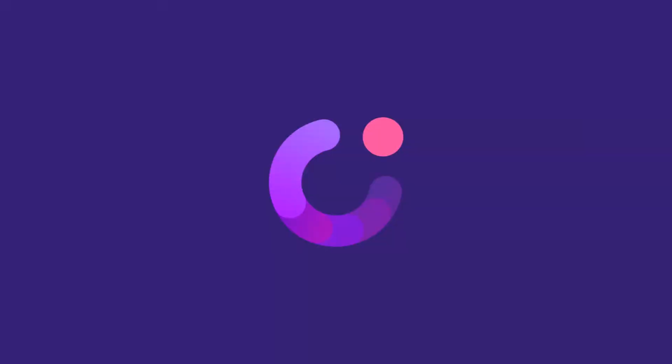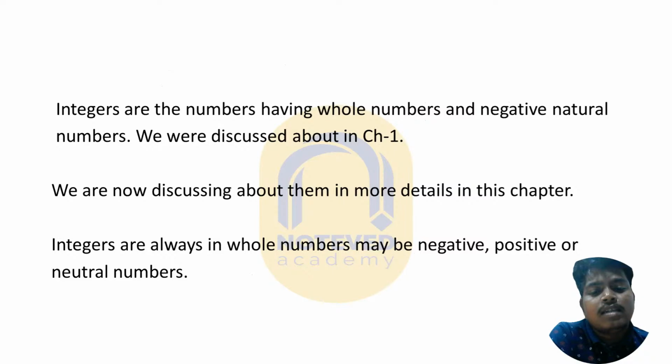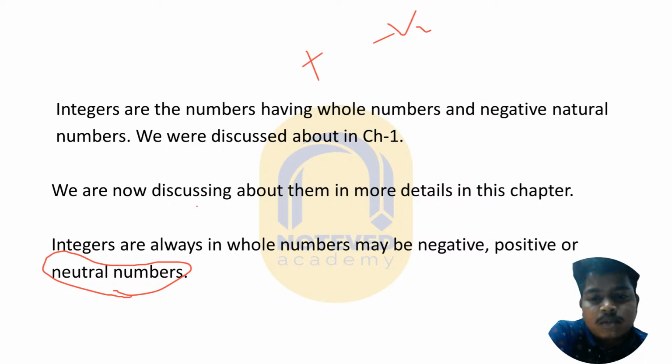So what is an integer? Whole numbers, maybe negative, positive or neutral numbers. We have already discussed positive numbers and negative numbers, but you didn't know about the neutral number. What is a neutral number? Student, the neutral number is the one which balances the whole number system, that is 0. It is exactly at the middle of the number line.